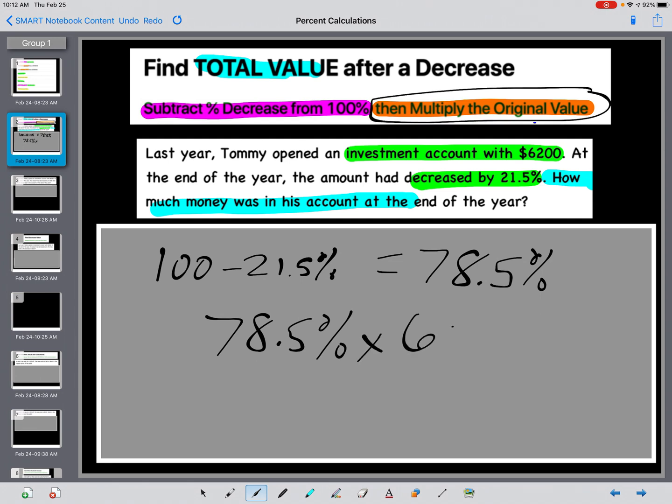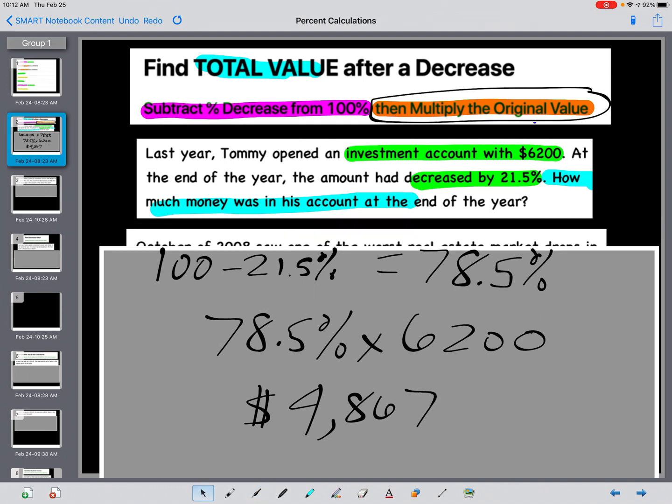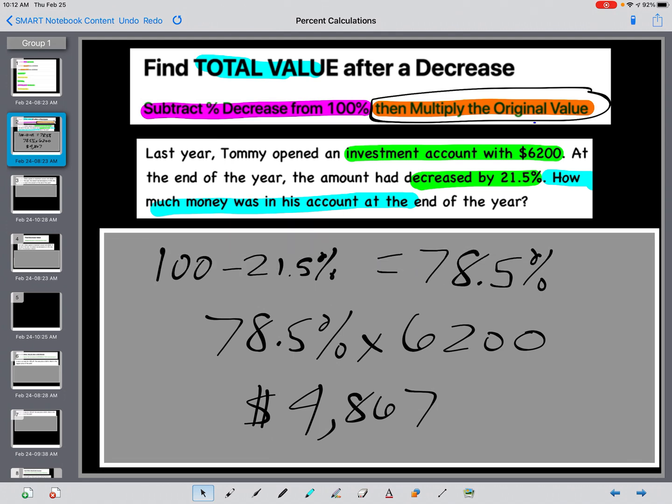Multiply it by the original value of 6,200. When you punch that in your calculator, 78.5% times 6,200, that's going to give you a new value of $4,867. So that's how you find the total value after a decrease.